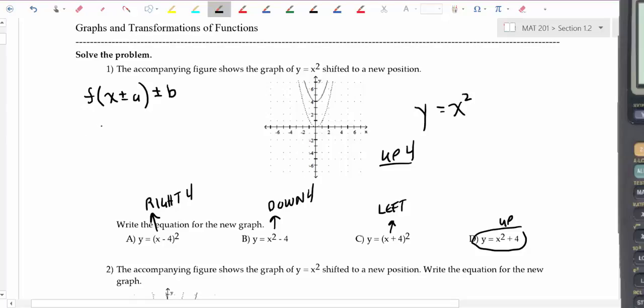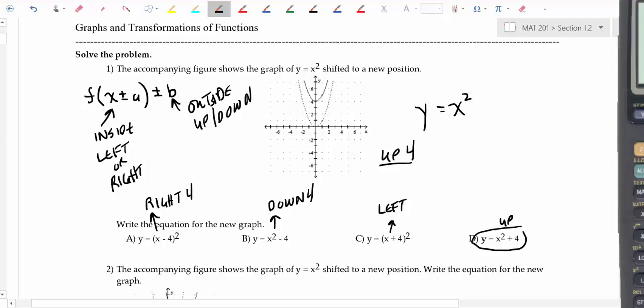Okay, now see, if you're inside the function, inside of whatever that function is, what you're doing is you're going left or you're going right. Okay, if you are outside of the function, then that's when you do up and down, because what outside is doing, it's adding or subtracting. The number b is making y's get bigger or smaller. So that's outside the function, that's going to be up or down.